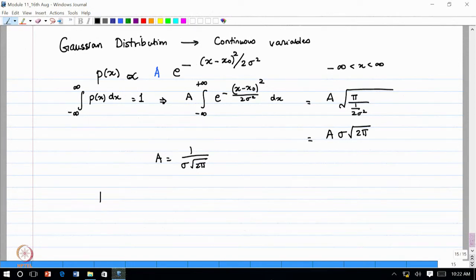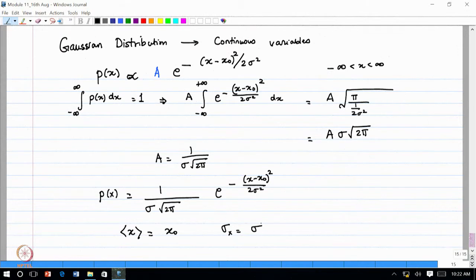So, p of x can be written as 1 by sigma root 2 pi e to the minus x minus x 0 whole square divided by 2 sigma square. The average value of x is equal to x 0 and the standard deviation of x is equal to sigma.